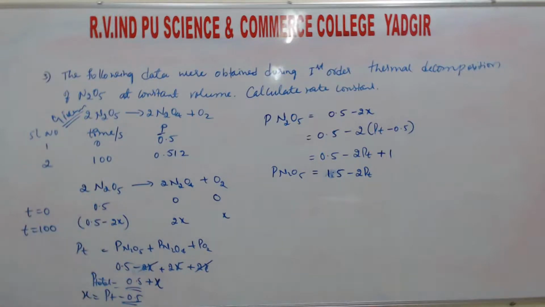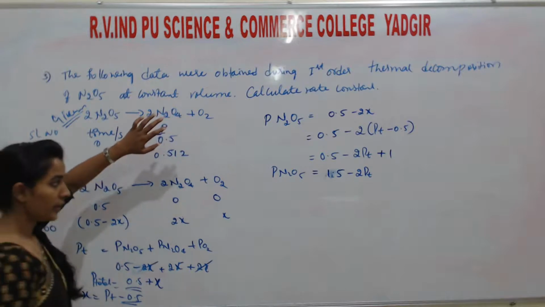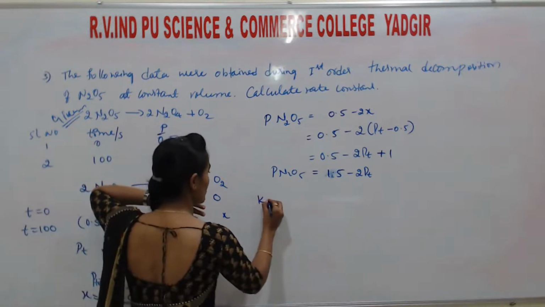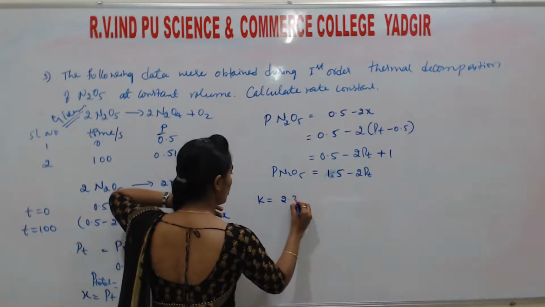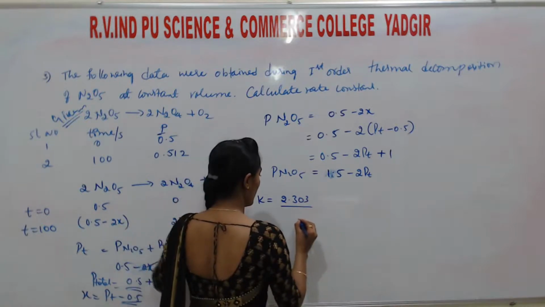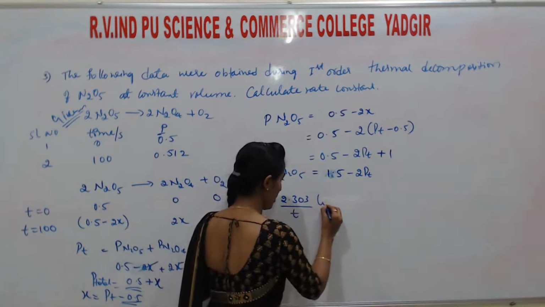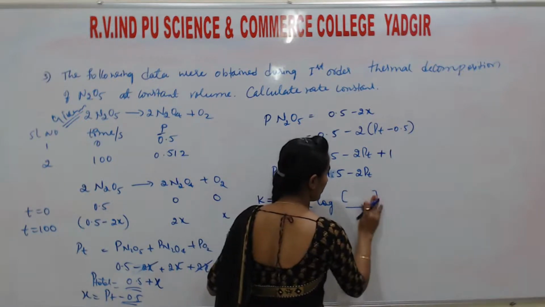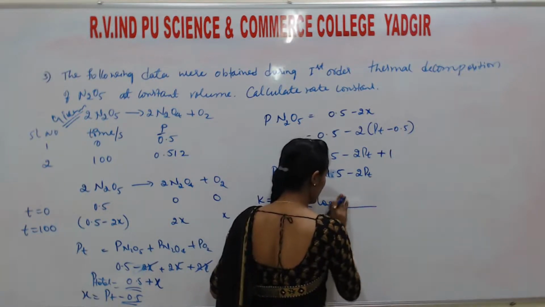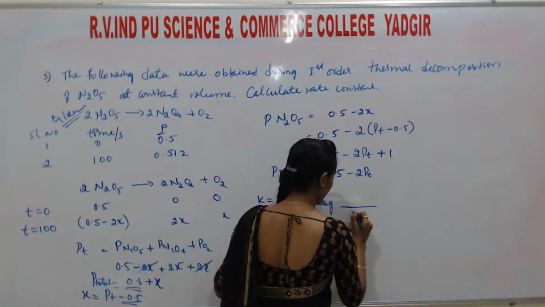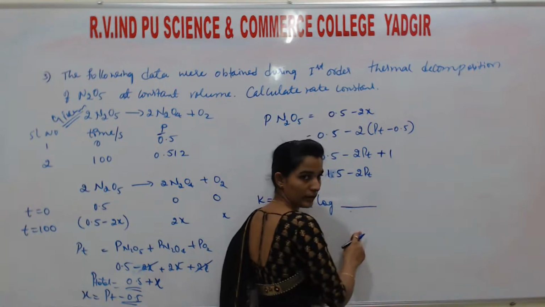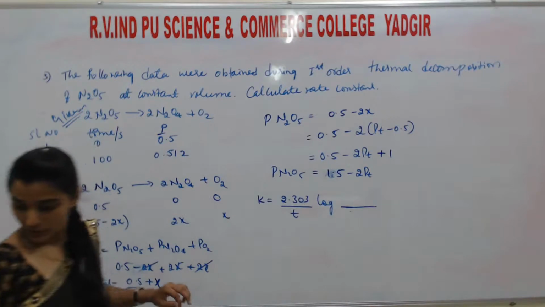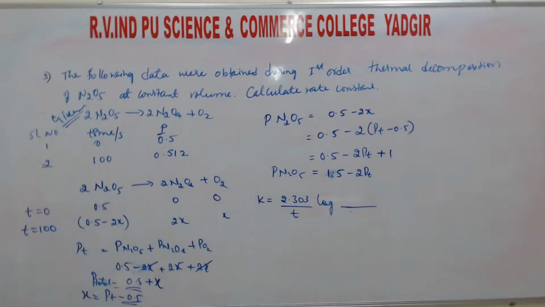So here I mentioned that it is a first order reaction. The rate constant for a first order reaction is K is equal to 2.303 by t log of, if you want to take it in pressure, R0 by R. Correct? That is initial pressure. So what is it?